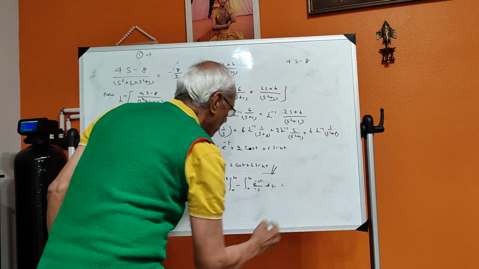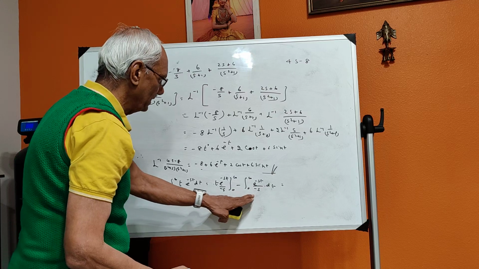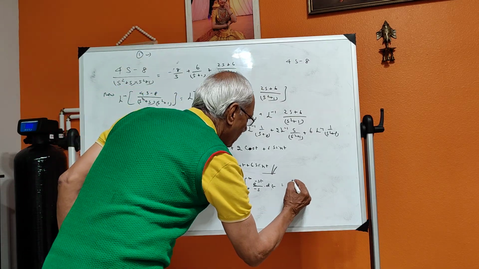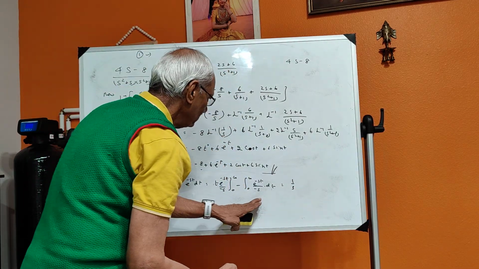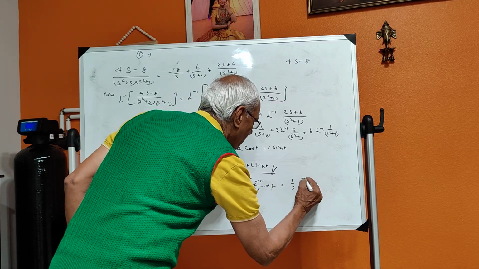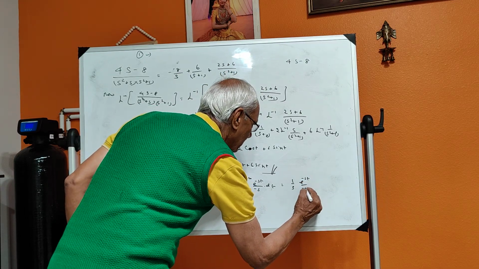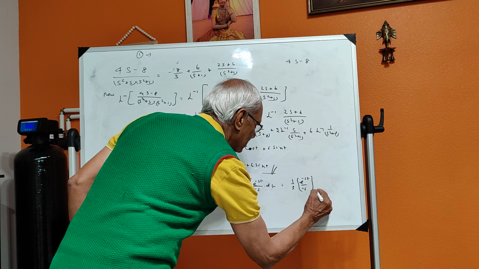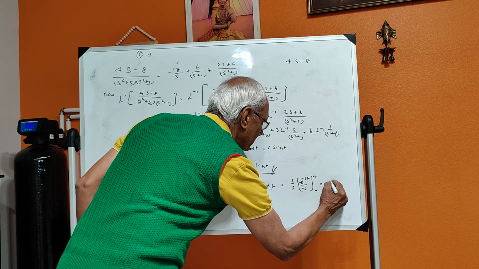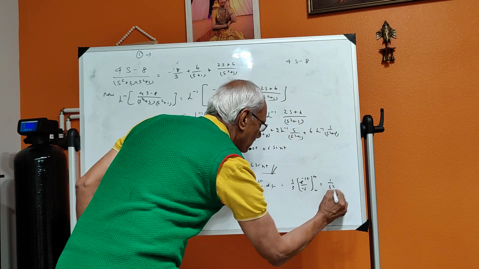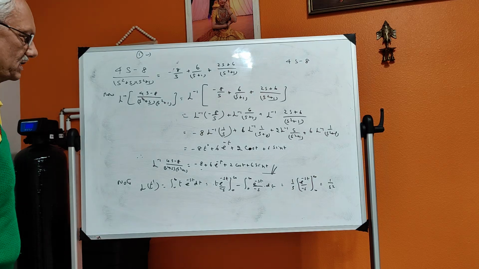Now this gives you 0, and this value is 1 by s into e to the power of minus st divided by minus s from 0 to infinity, that is equal to 1 by s squared.